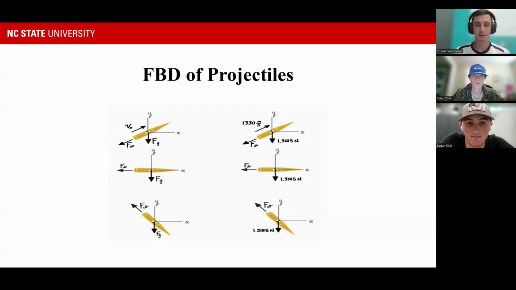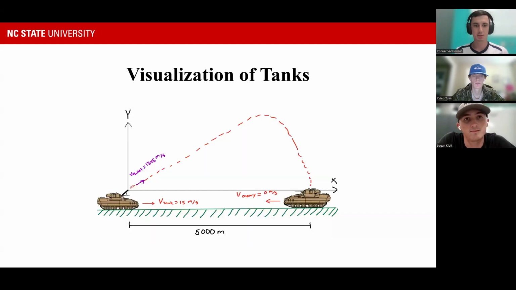The third and final FBD is showing the bullet as it's falling, accelerating towards the ground. The next part is the visualization of the tanks. This is to show that the tanks are on level ground for the X direction.